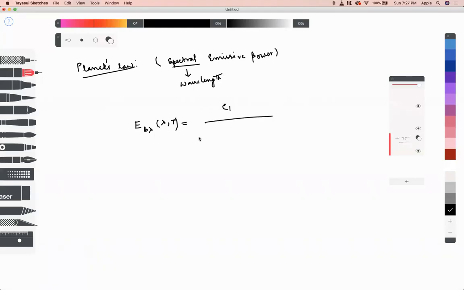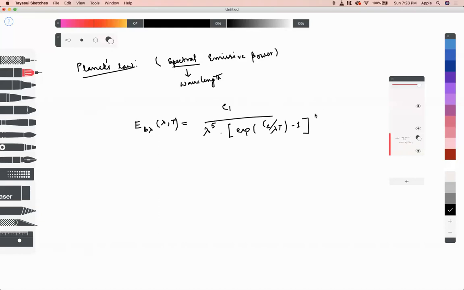So this can be written as C1, which is a constant, divided by lambda to the power 5, and then exp, meaning exponent, of C2 divided by lambda into T, minus 1.